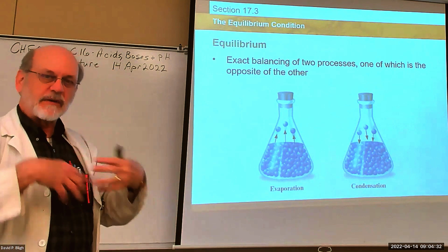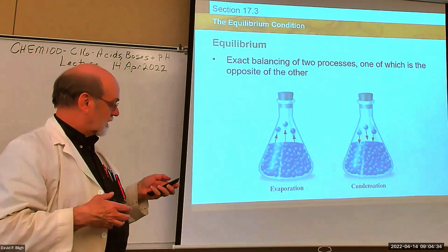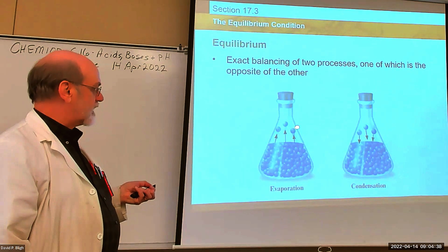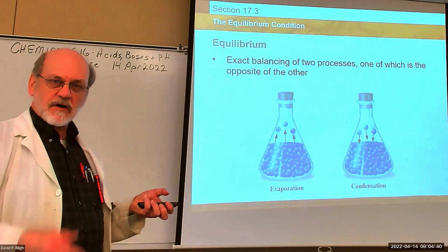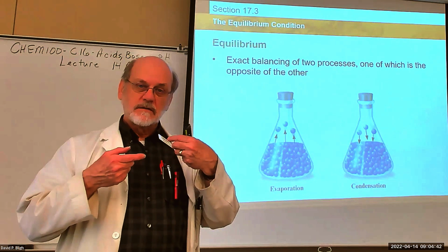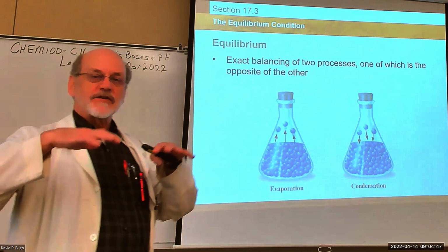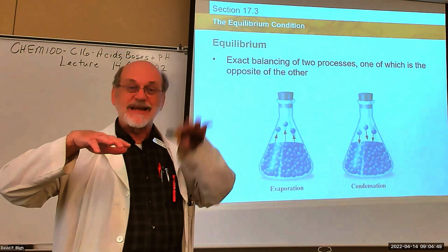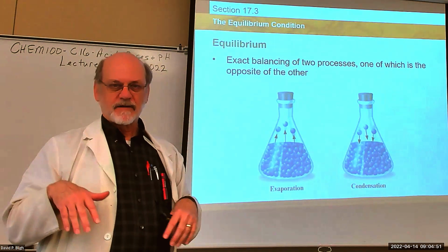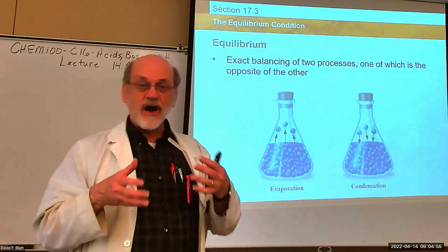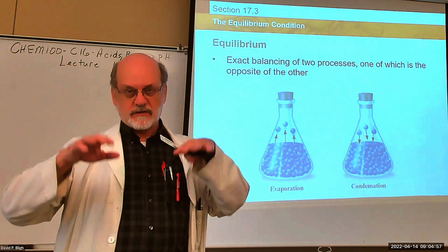And as you build up more and more molecules in the vapor phase, the rate at which the liquid evaporates balances with the rate at which it condenses. So you reach a point where evaporation and condensation match each other.